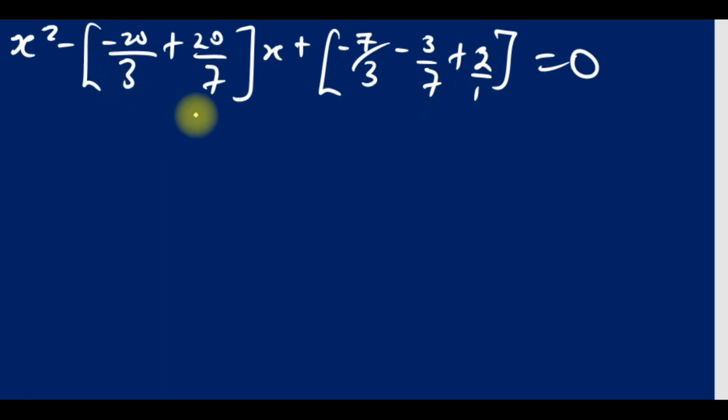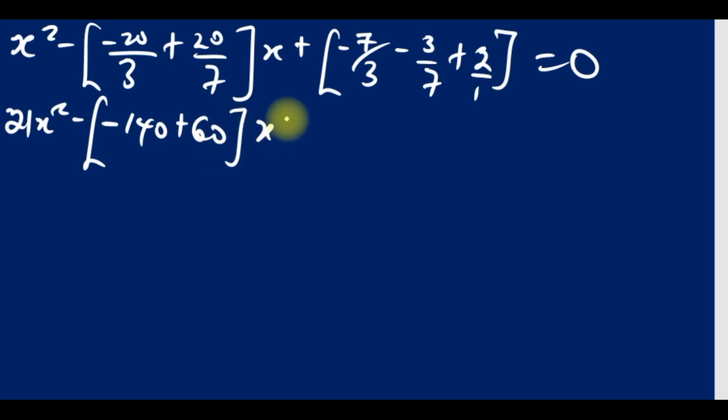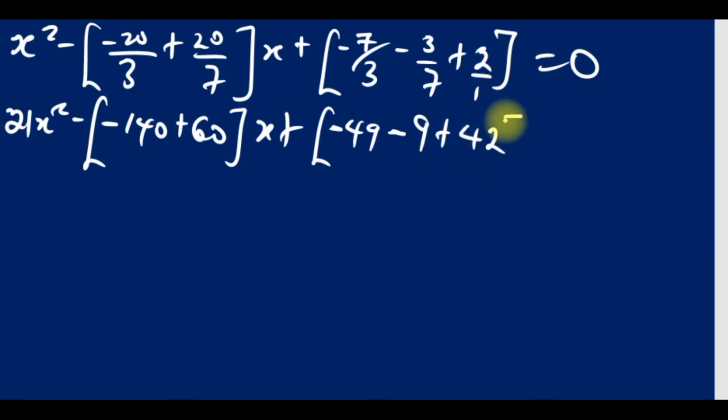So if you multiply each term by the LCM of 3 and 7, which is 21, we have 21x squared minus 21 times that, which is minus 140, 21 times that is plus 60, x plus 21 times that is minus 49, 21 times that is minus 9, 21 times that is 42. So I did it to clear the fractions.